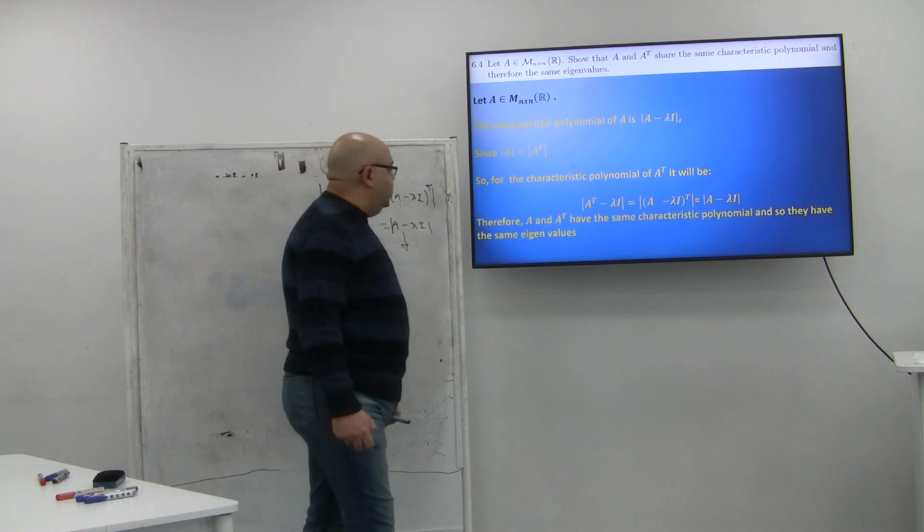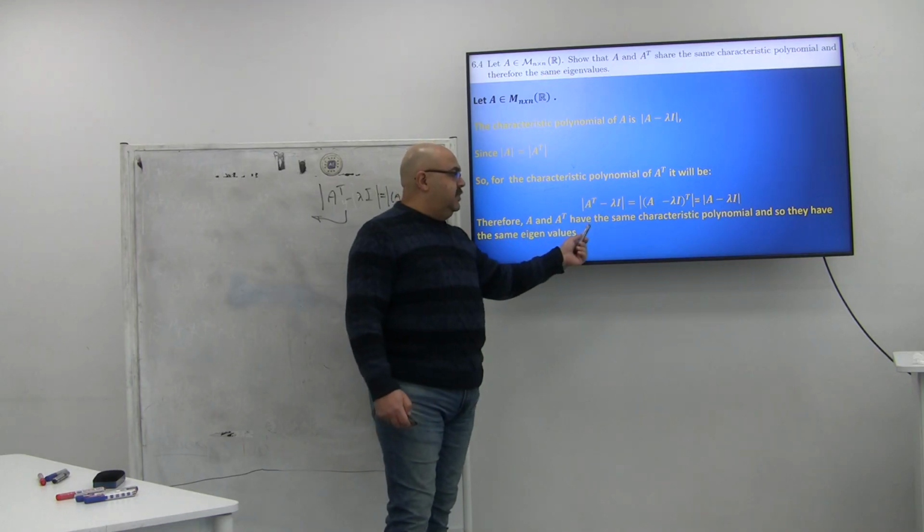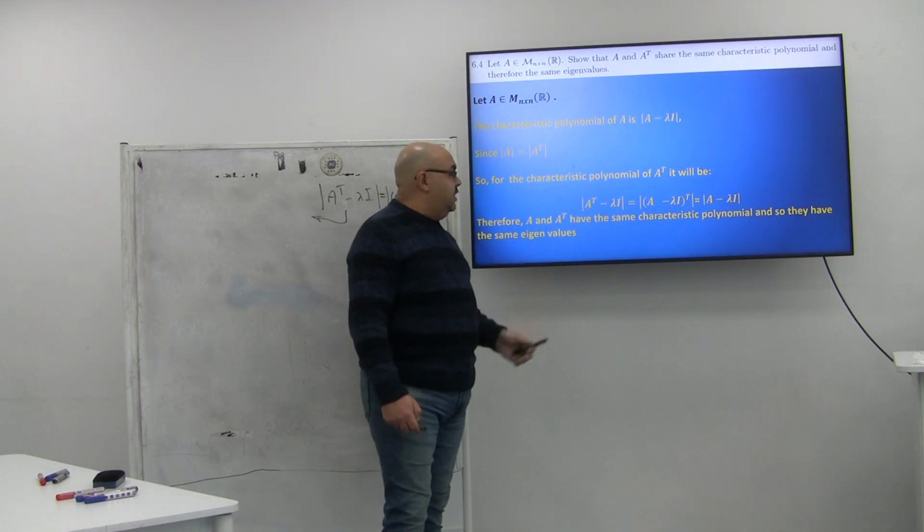This completes our idea. Therefore, A and A transpose have the same characteristic polynomial, and so they have the same eigenvalues.